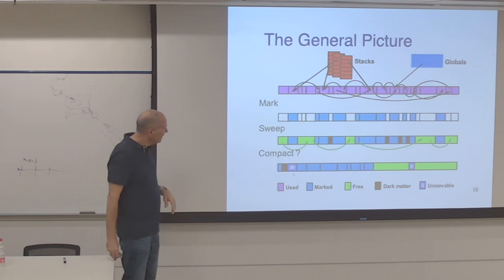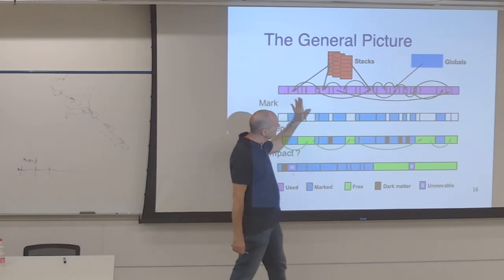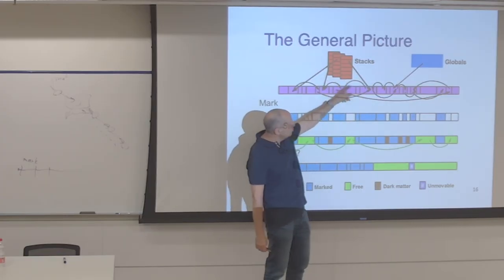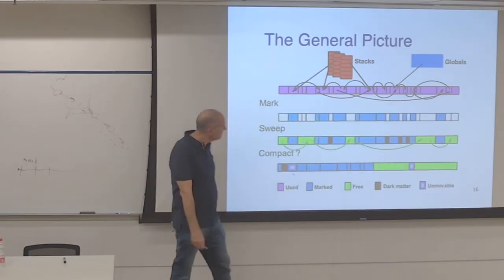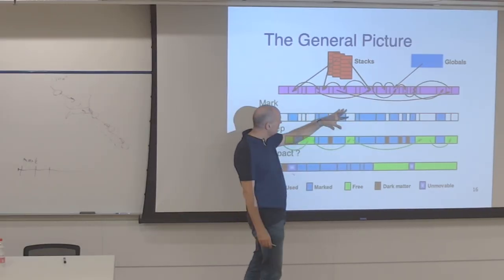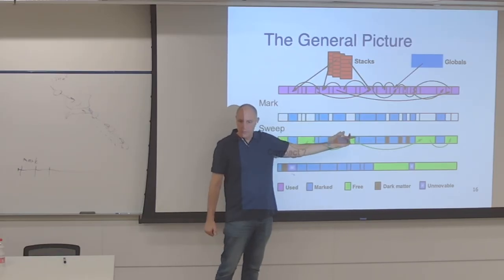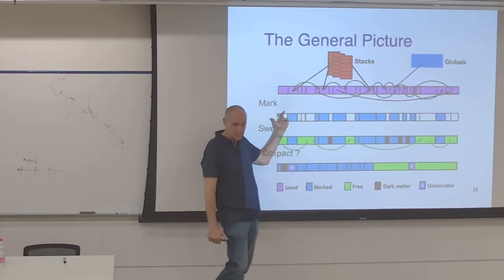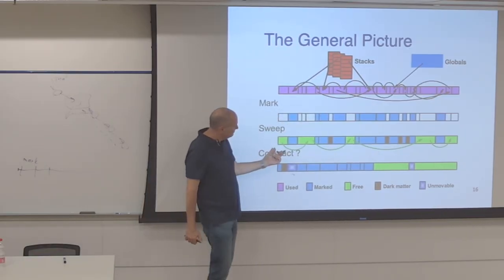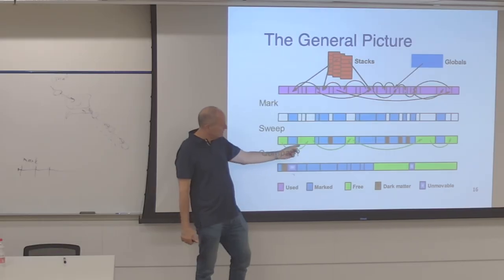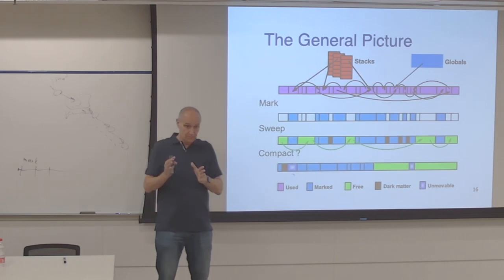Here is the picture that he drew. You have the heap, and you have roots like stacks and globals that point into objects in the heap. And then there are pointers inside the heap, and you run marking, and eventually you see which objects are reachable. These are the blue here, as opposed to the white that are not reachable. And then what sweep does, it builds a linked list between all the spaces that are available.